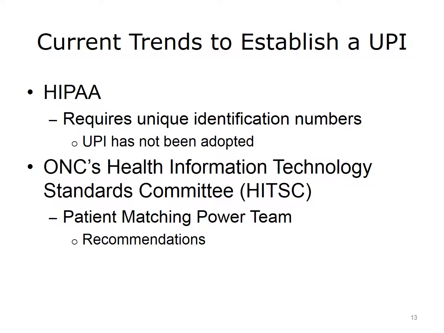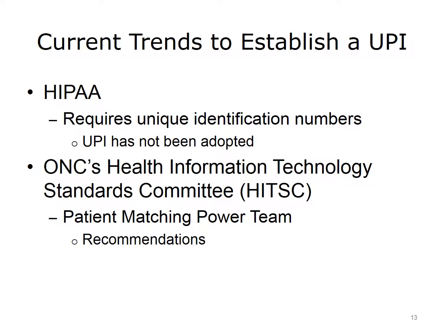As a result of a Health Information Technology Policy Committee, HITPC request to the Health Information Technology Standards Committee, HITSC, several power teams were formed to come up with recommended standards. One team, the Patient Matching Power Team, was responsible for providing best practice guidance for use of demographics in machine-to-machine matching of patient identifiers. This team made 4 recommendations related to patient attributes that could be used for matching, quality of the data, formats for these data elements, and what data are returned from a match request.